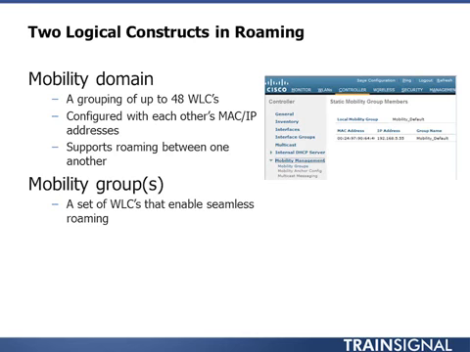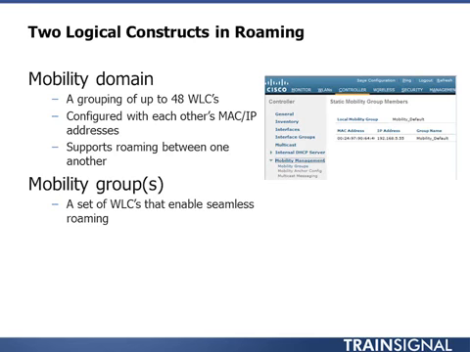The reason why you have mobility groups, which are like a subset of the mobility domain, is that you may want to partition your wireless LAN controllers into groups, like, this one supports this floor, these ones support this building.